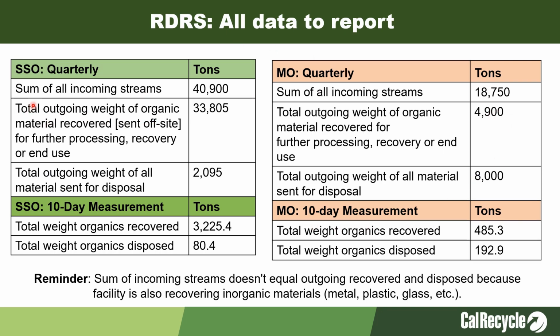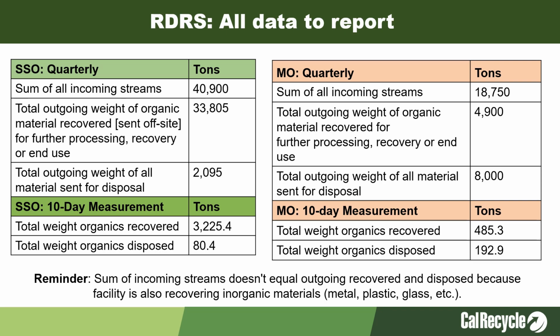Number 1, the sum of all incoming SSO and MO streams. Number 2, the total outgoing weight of material recovered, which is the weight of all the organic material sent off-site for recovery, not the proportion of those material types that's actually organic. And then number 3, the total outgoing weight of all material sent for disposal for SSO and for MO. Again, not the proportion that's organic, but all the material sent to disposal.